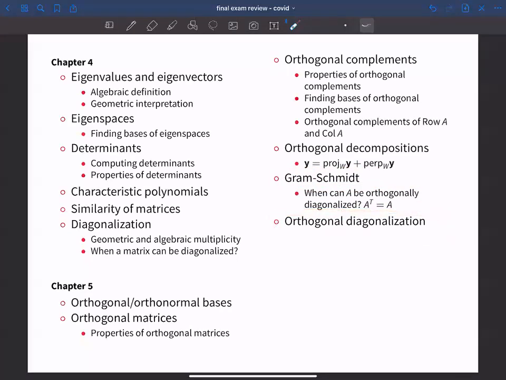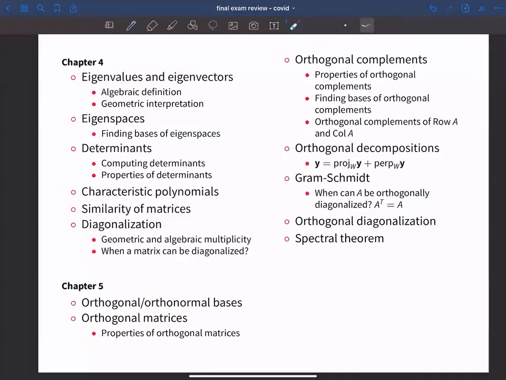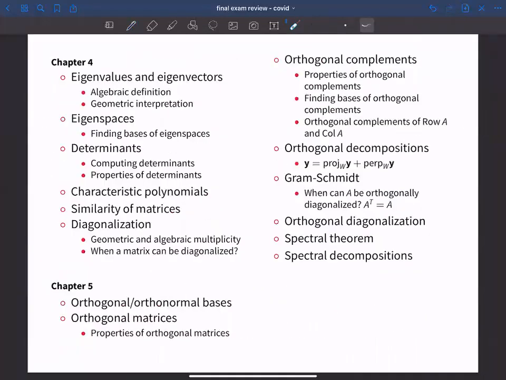And so remember, that's like diagonalization, except we're going to take our matrix A and split it up into PDP transpose, where P is an orthogonal matrix. Okay, so orthogonal diagonalization is like diagonalization with this one extra condition. We want P to be orthogonal.